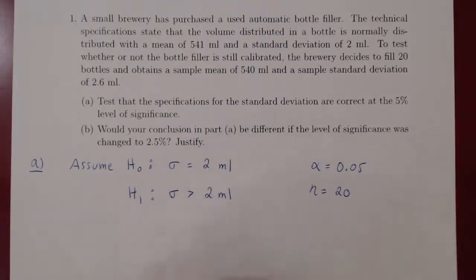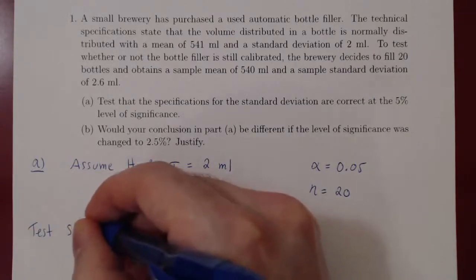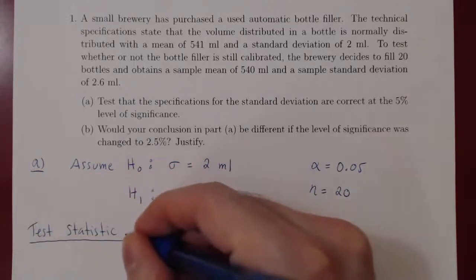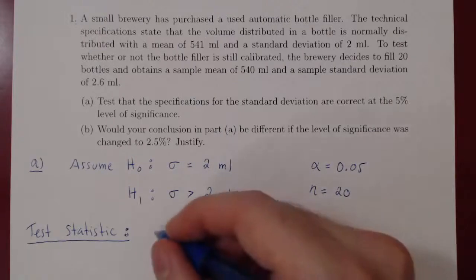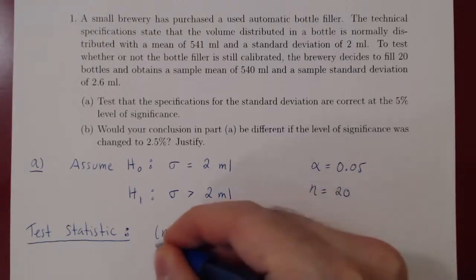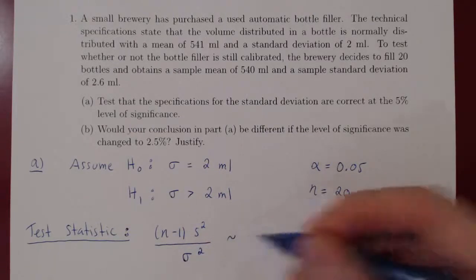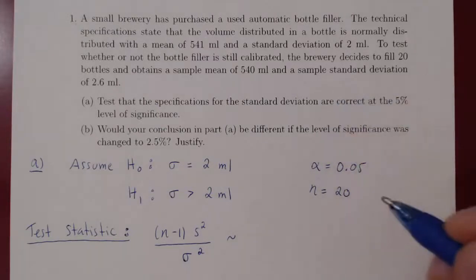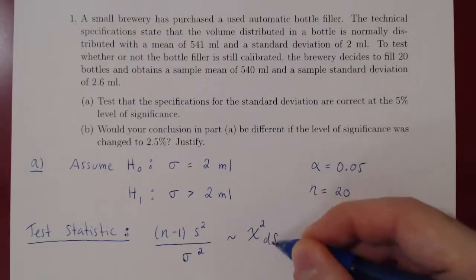As always, we need our test statistic. Since we are testing for the standard deviation, the statistic, if you remember, is n minus 1 times s squared over sigma squared, and this will follow, since we are assuming by assumption that we have a normal distribution, a chi-square distribution with the degrees of freedom.